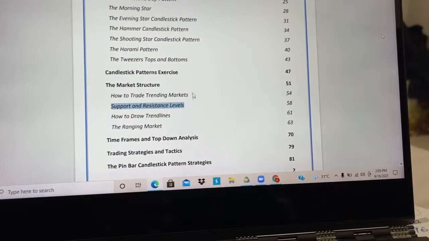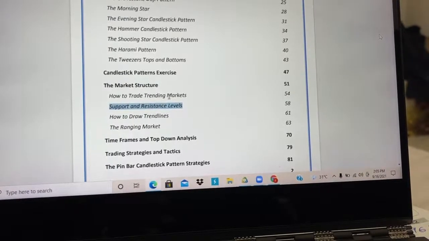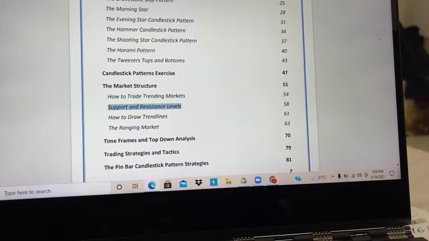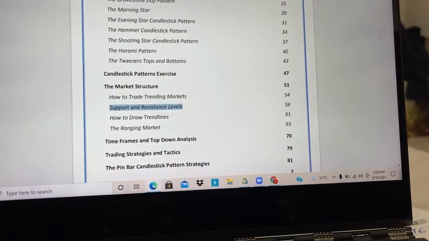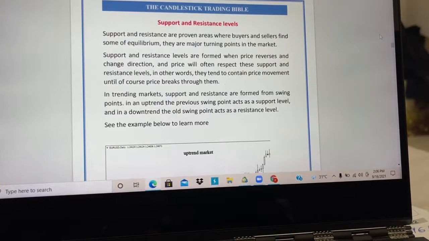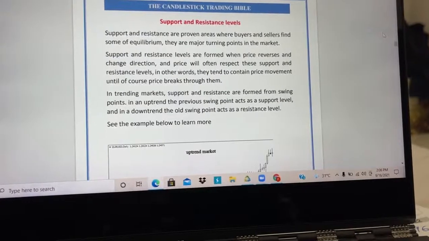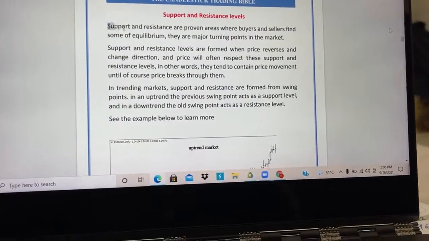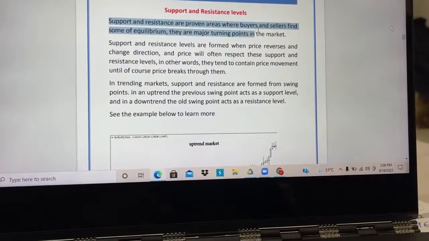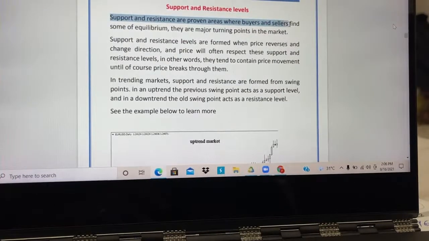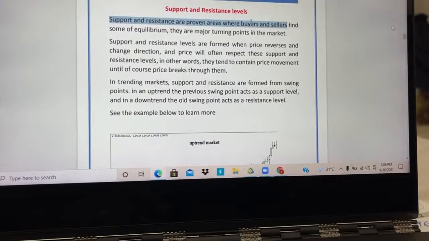So far, we have a basic understanding of what it is, but what we need to know is how to really properly identify the support and resistance. Basically, what support and resistance do for you as a trader is let you know the best place on our charts where we can find buyers and sellers.